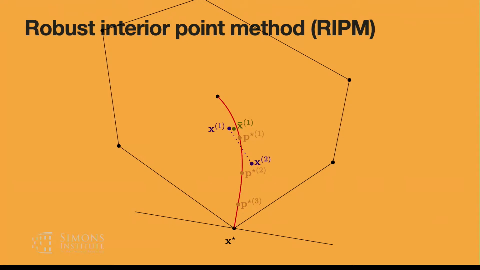Then we get to our second point, x2, and we also maintain an approximation x bar that is coordinate-wise close to x2. We use x bar again to find the step we want to take to get closer to p star 3, and then we find the approximation to x3.